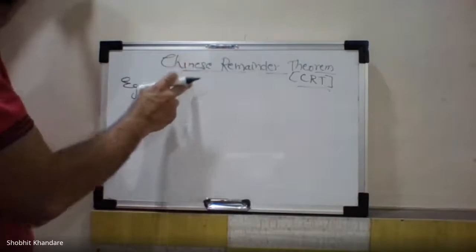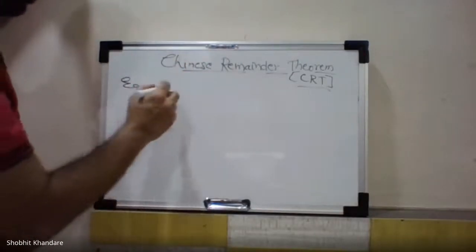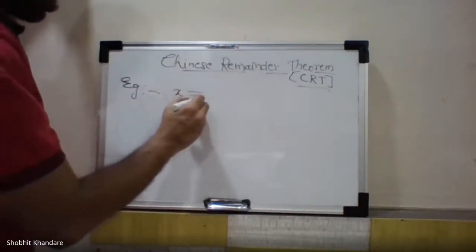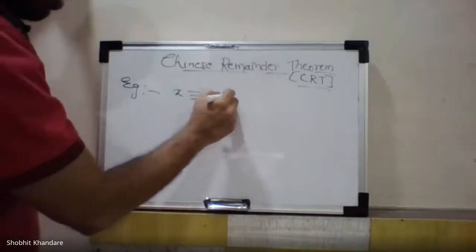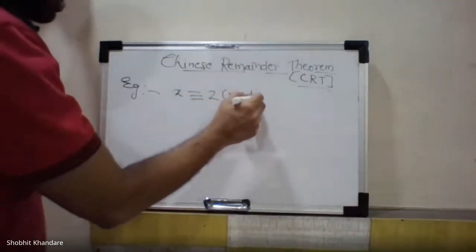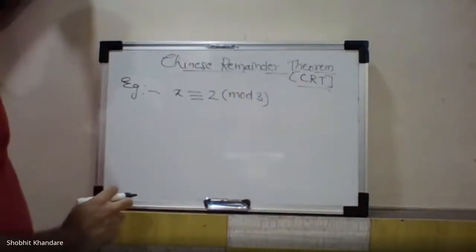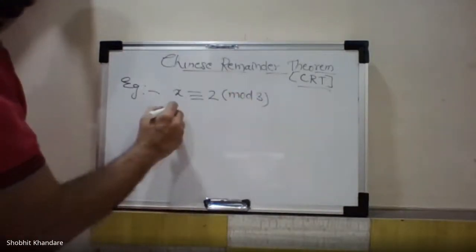So the example is, write down x congruent to 2 mod 3.